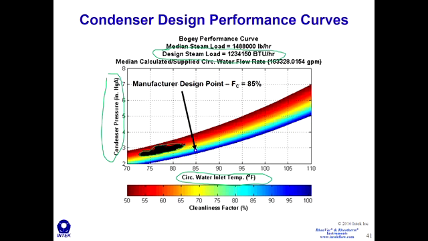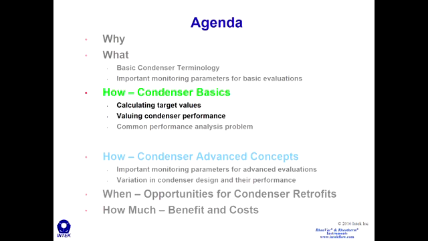Then you can use those formulas at different fixed cleanliness factors and calculate where the pressure should be for the design point, where it should be for 70% cleanliness, where it should be for 90% cleanliness, and you can compare where you are to where you should be. You can calculate the difference, which would be your achievable condenser pressure. And that achievable condenser pressure is important for valuing condenser performance, and that's what I want to talk about next.